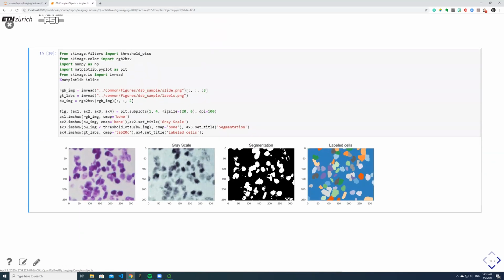So what we have are these data. We have the cells, we have it as grayscale. Then we do some segmentation and get these labeled items. And you can see, if we do just a simple component labeling, there will be some touching objects, and we don't want them like this.